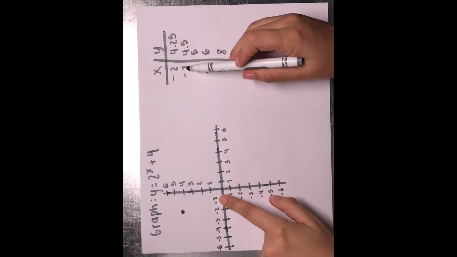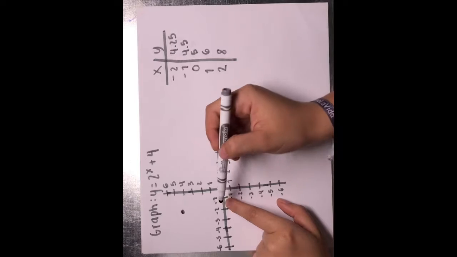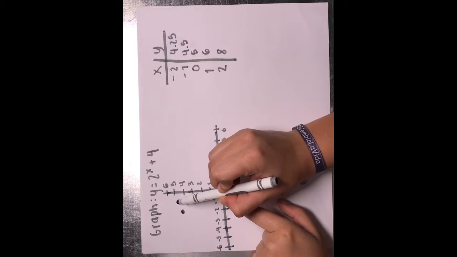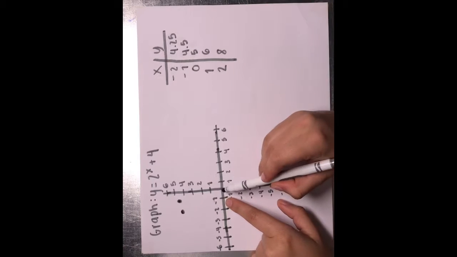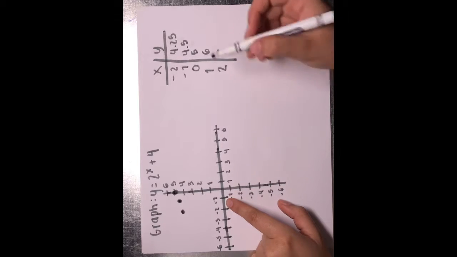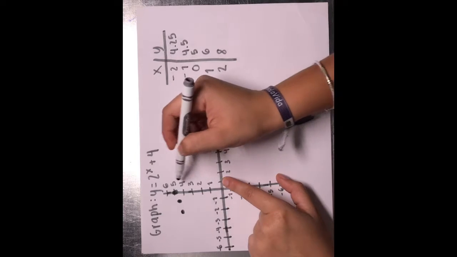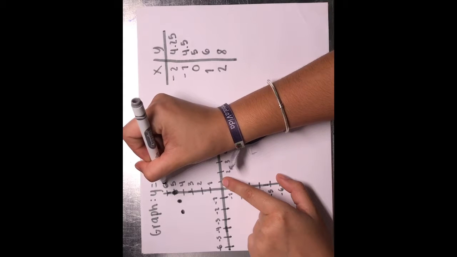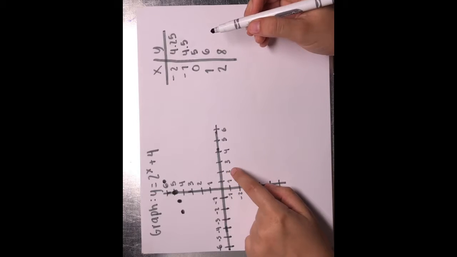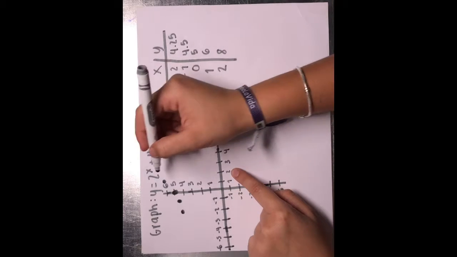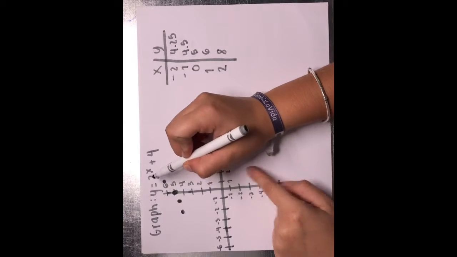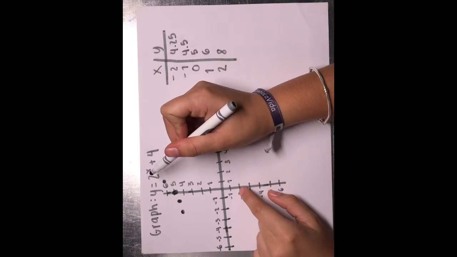Minus 1, 4.5, it will be in the middle. 0 and 5, 1 and 6, 2 and 8. Well, it doesn't fit in here, but with all these plotted numbers, it's fine.